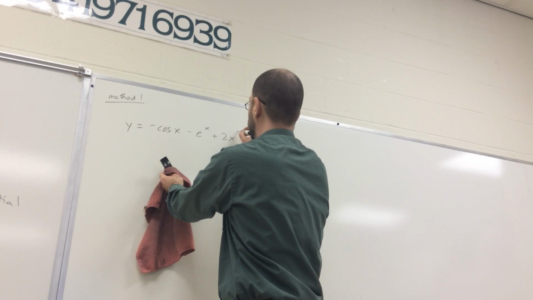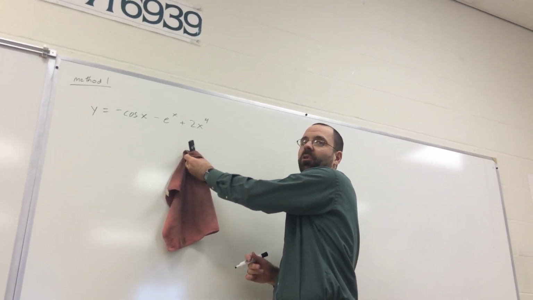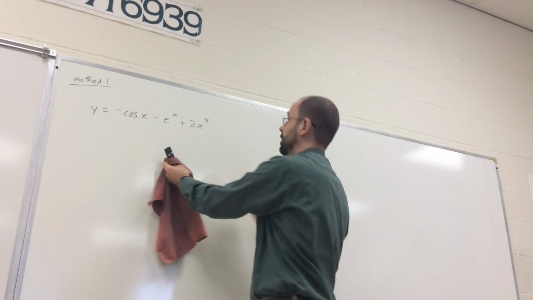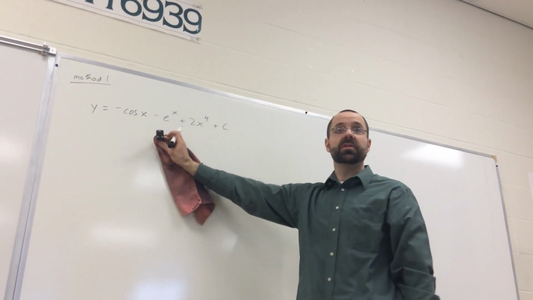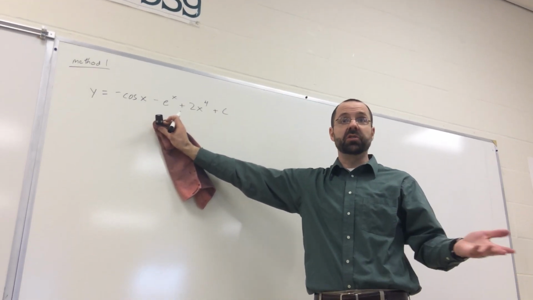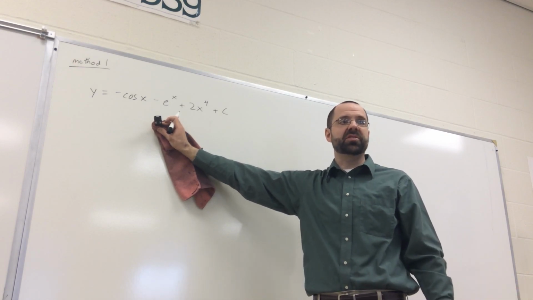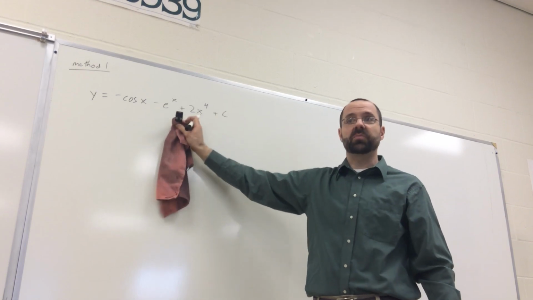Plus 2x to the 4th. I could have written down 8x to the 4th divided by 4, right? But I just skipped that step. Plus c. So there's the general solution. It's called a solution because it's what y equals, and it's called a general solution because it's got a plus c. So there's a lot of possible answers, and this plus c represents all those possibilities.